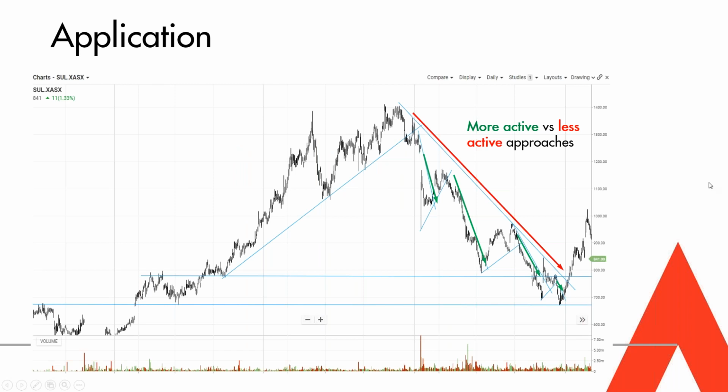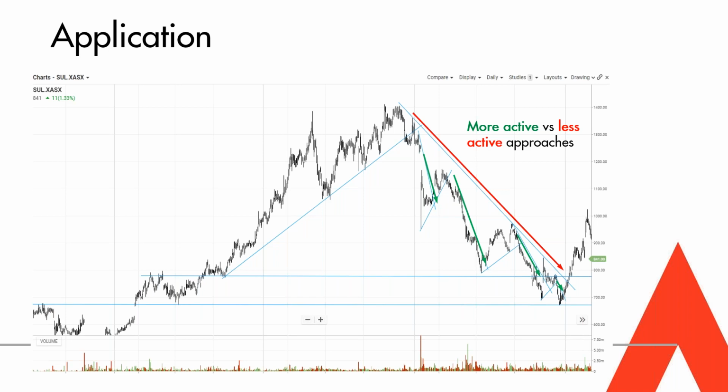So here's a chart exhibiting these characteristics. The red line shows a very conservative long-term downturn. The green lines show the more short-term or aggressive declines in the stock. Depending on how aggressive or conservative you are, you might be actively hedging or short selling the downturns which are represented by the green arrows.